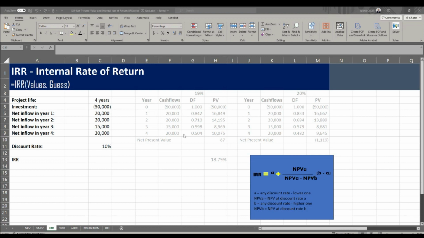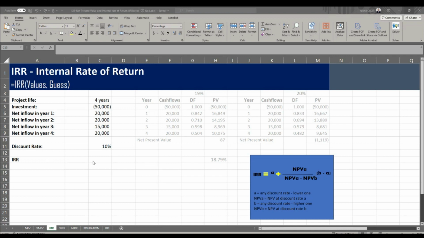That's the internal rate of return. Usually higher IRR is better. It can also be negative. Negative means your company or your project or your business is losing money. You have to do something to change that course of action.